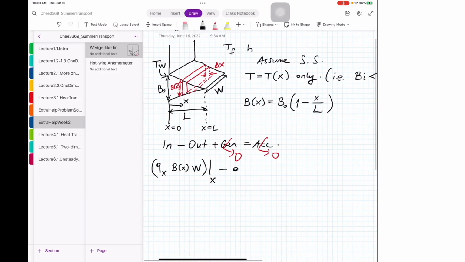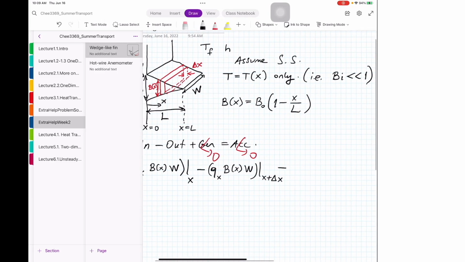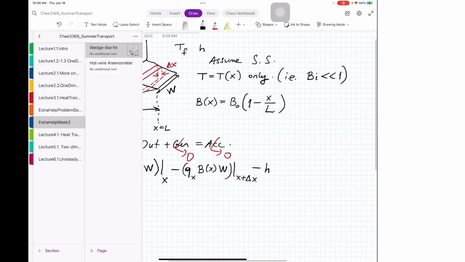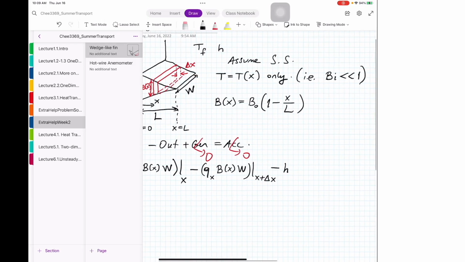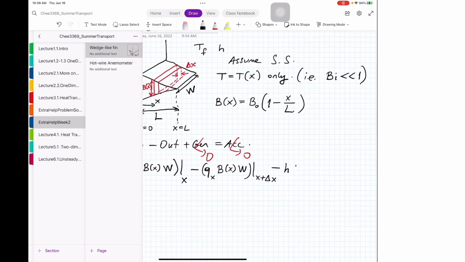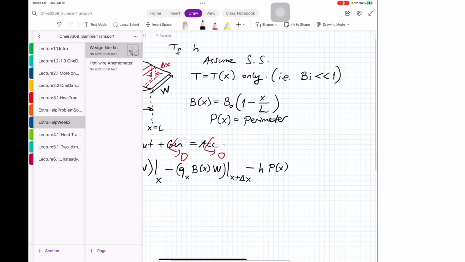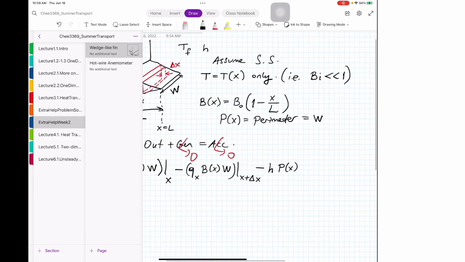The conduction term going out is qx b of x W at x plus delta x, minus the convective term, which is h times the area, basically the perimeter W plus b of x times 2.